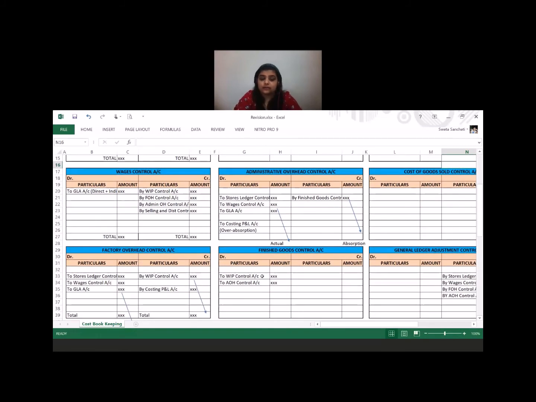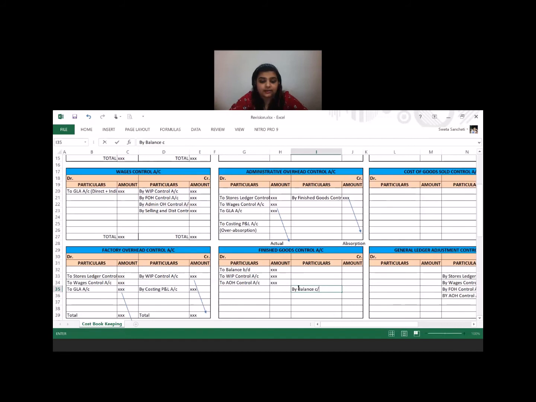Now let us see here. What is this? This is my factory cost. Add admin. What do I get? I get cost of goods produced. Add opening stock of finished goods. To balance brought down. Less closing stock of finished goods.